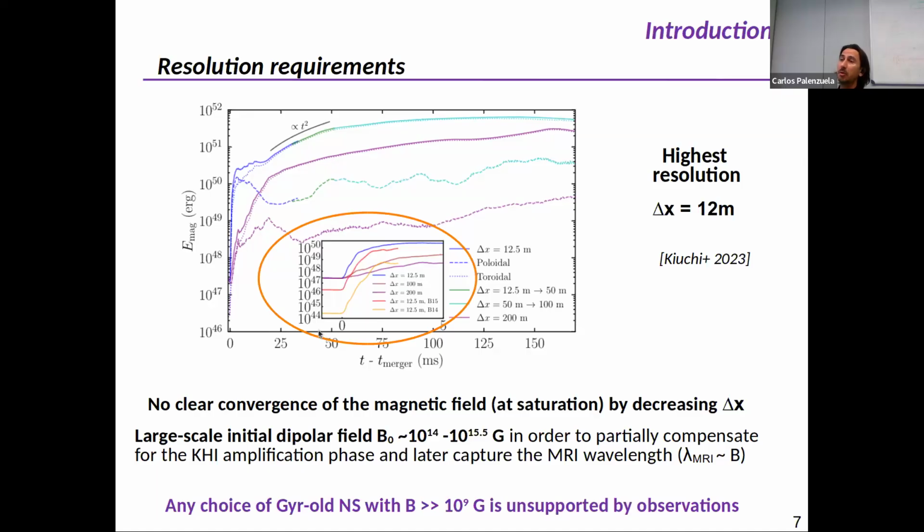The problem is that when we do that, we may be missing some physics, and because we know that this choice is unrealistic. We know from observations that magnetic fields in neutron stars larger than 10 to the 11 are unrealistic.